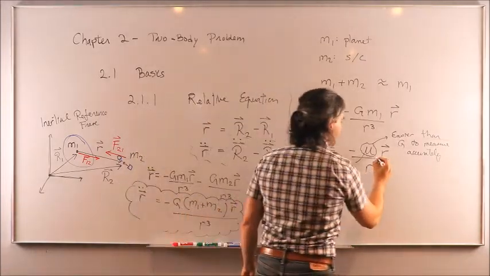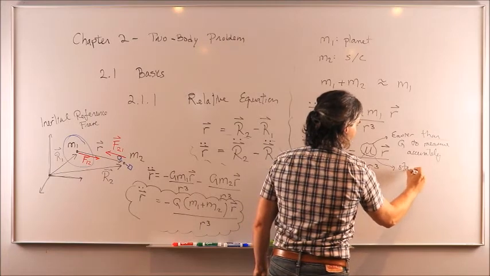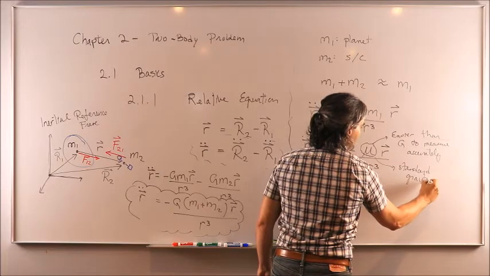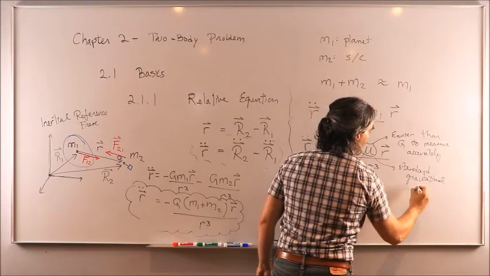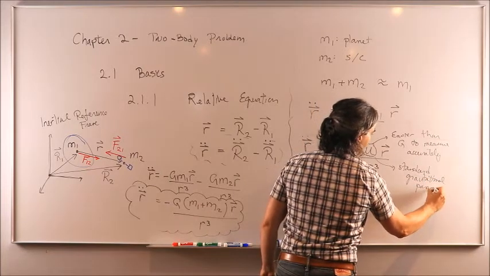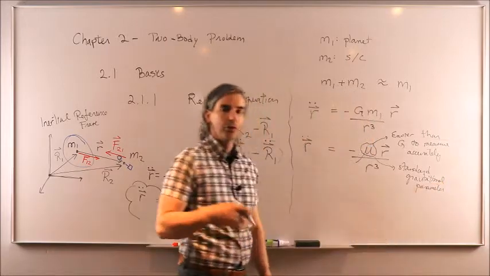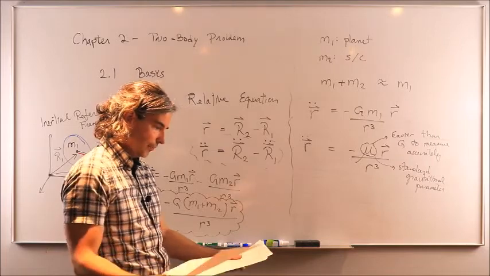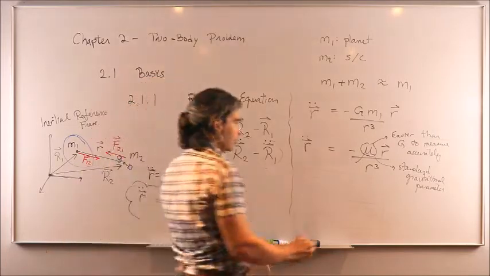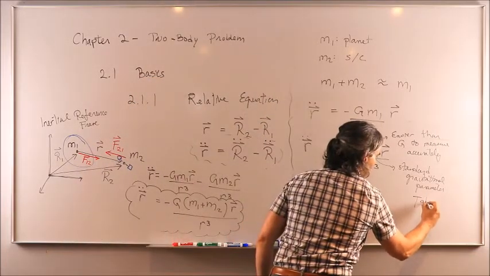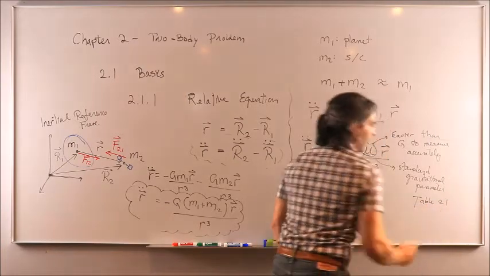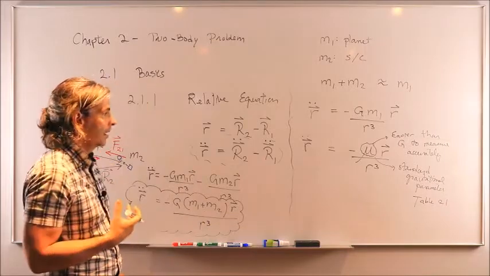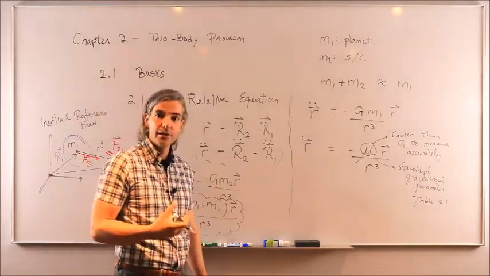Mu is known as the standard gravitational parameter and is unique for a given planet. All right. So if you look at the lecture notes, the PDF document, on table 2.1, I have listed for you all the standard gravitational parameters for all the bodies in our solar system.